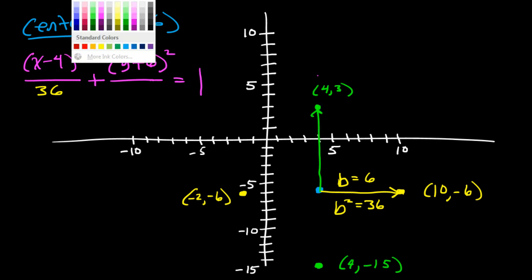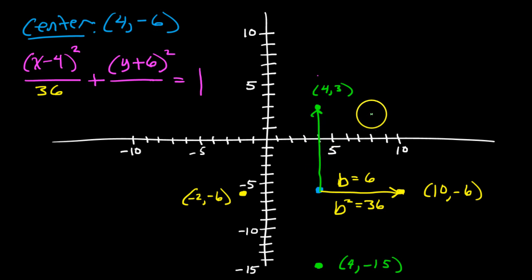Anyway, this is the c value that I'm showing you right here. So let's see, from -6 to +3. That's 6 down, 3 up. That's a total of 9. So c is equal to 9, which means that c squared is 81.